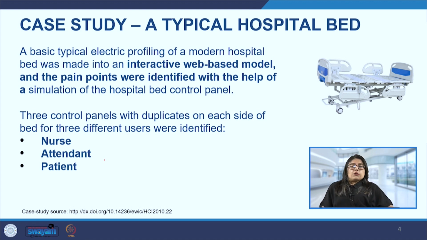Attendants play a very important role because they are usually the ones who bring meals, set up the tray on the bed, and transfer the patient into, say, a wheelchair for taking an ultrasound or some other tests. And finally the patient, because the patient is the one who spends most of the time in that bed. So in this case study, these 3 users were identified and their experiences were looked into.